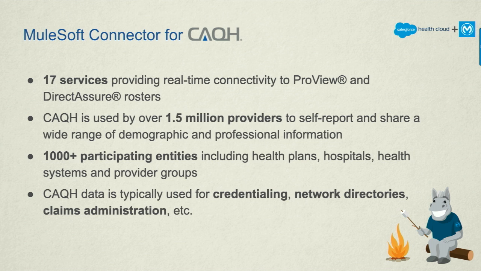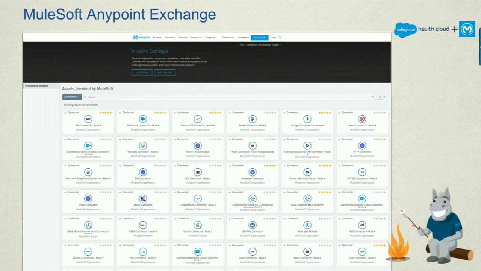These are hospitals, health plans, etc. CAQH is crowdsourcing this data, massaging this data, keeping it in a high quality repository, and then providing it to the consuming entities. Now, all of this data is available to you if you are using Health Cloud in combination with MuleSoft. Typical uses are credentialing or claims management.